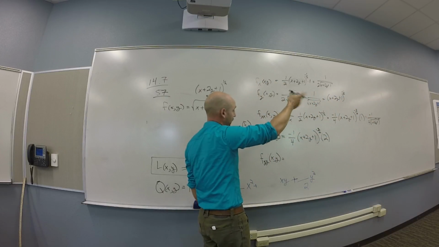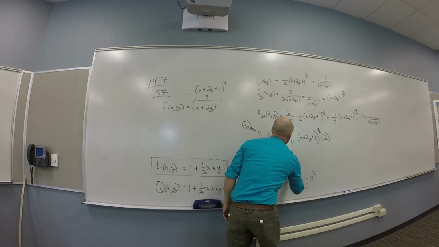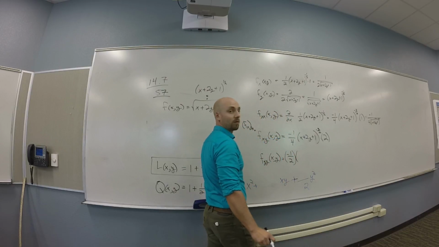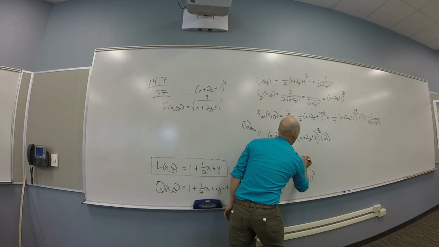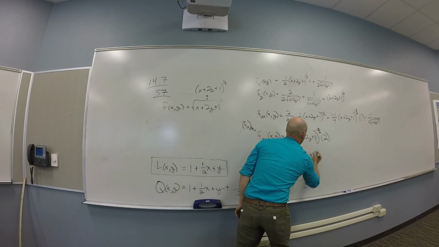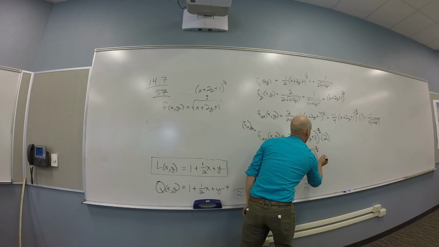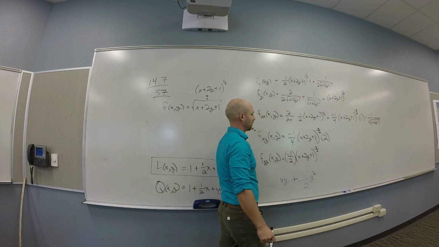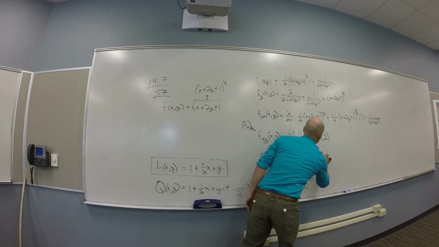I take the power down, I got negative 1/2, and then x plus 2y plus 1 to the power of negative 3/2, times 2. The derivative of the inside is 2, right?